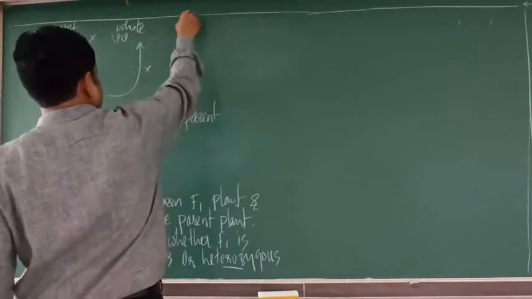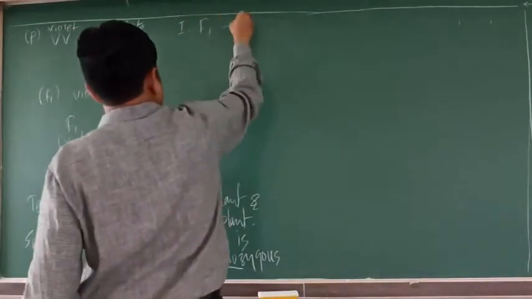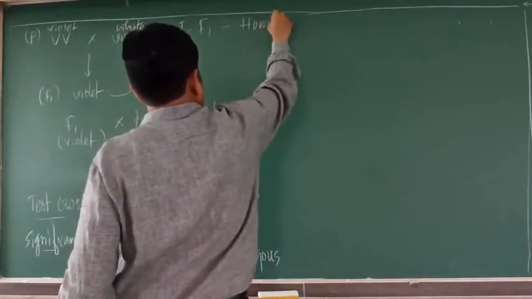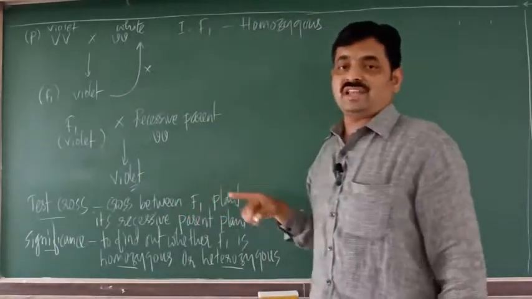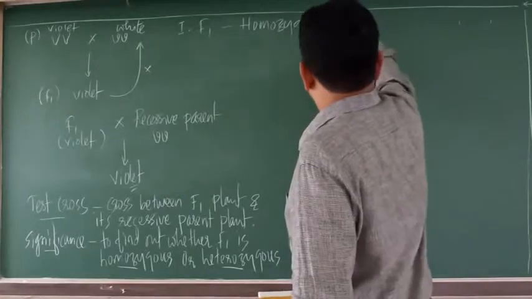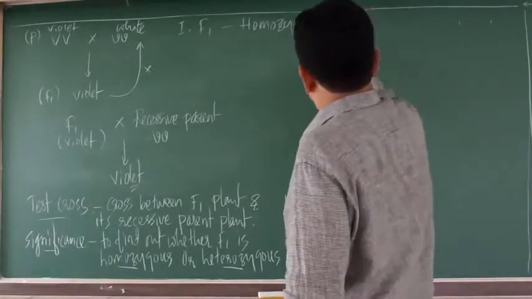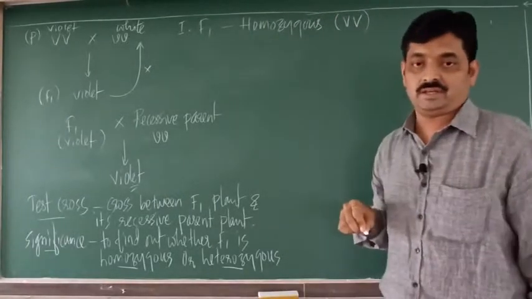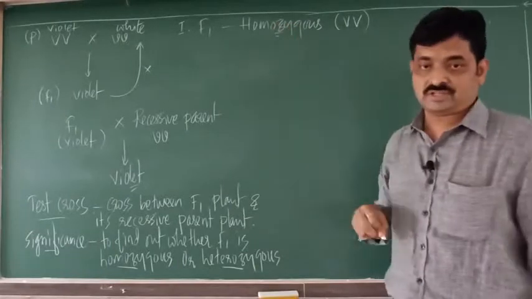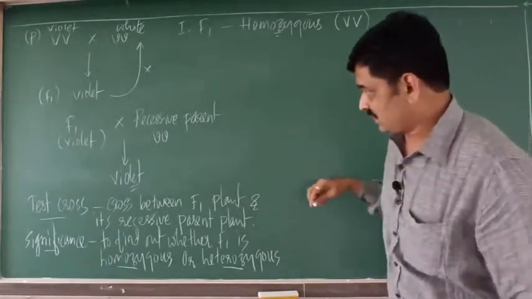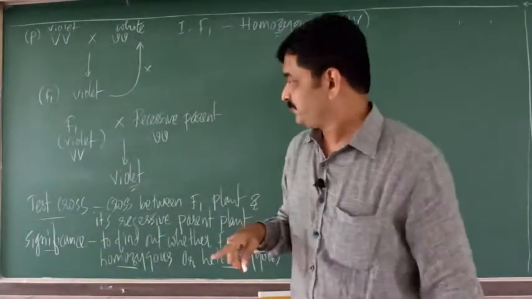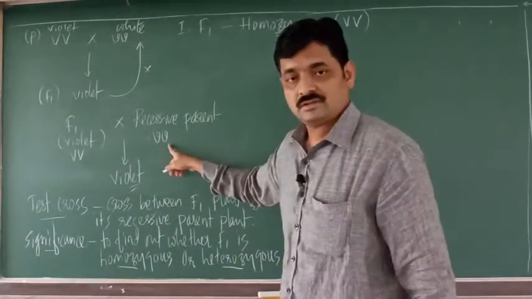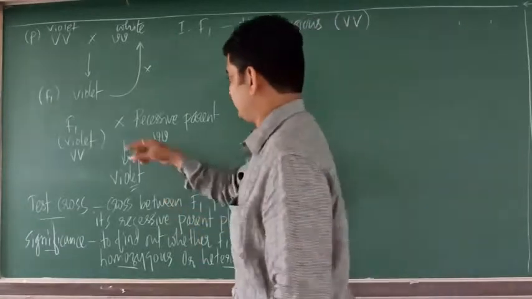I will write the first condition, the F1 has to be homozygous. What is the homozygous condition here? Capital V, capital V. Right? So this violet F1 is homozygous. This parent is recessive. So we shall make a cross now.